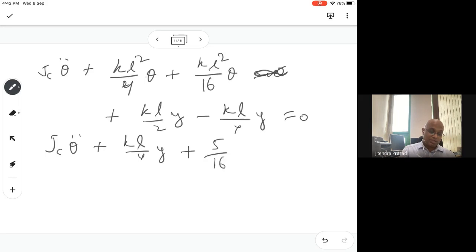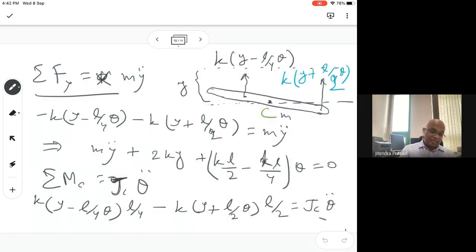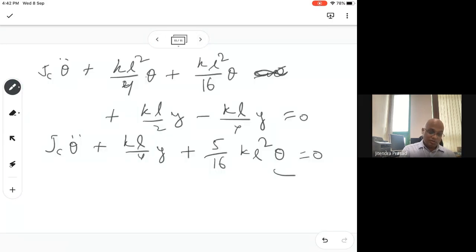So 5 over 16 kL square theta is equal to 0. This one is equation number 1, and this is equation number 2.